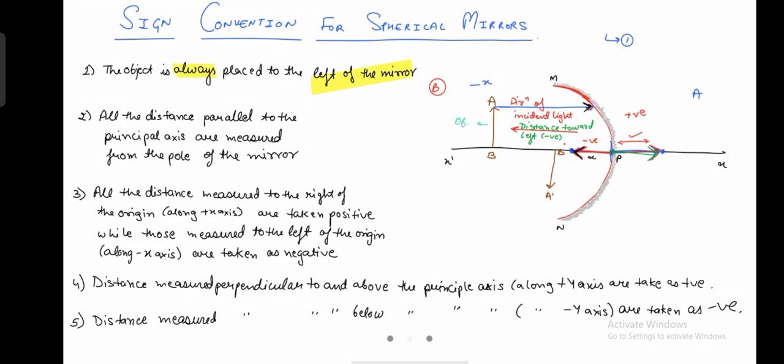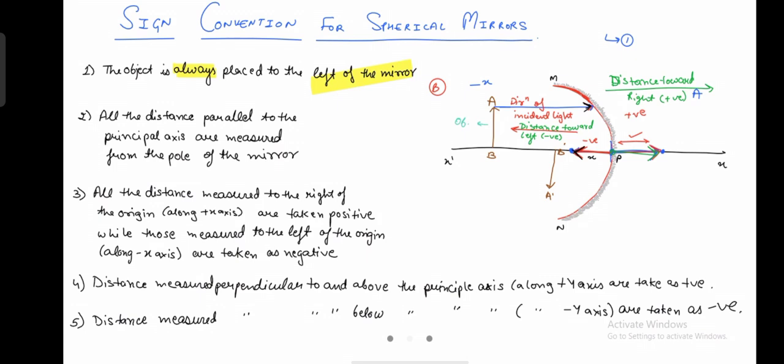While if you are measuring something towards this side, towards the right-hand side, distance toward right will be taken as positive. Simple thing. Again, see, all the distance you are measuring from or towards the left side is taken as negative. All the distance you are measuring towards the right side are taken as positive.